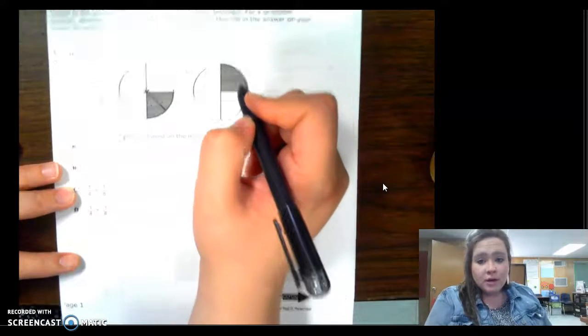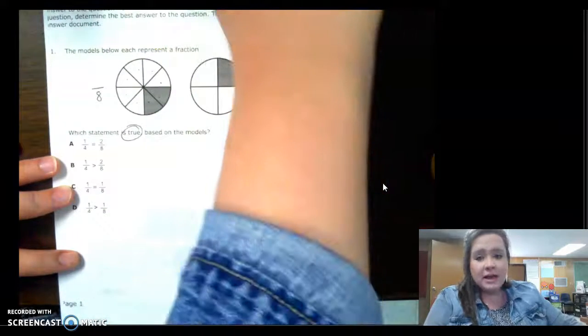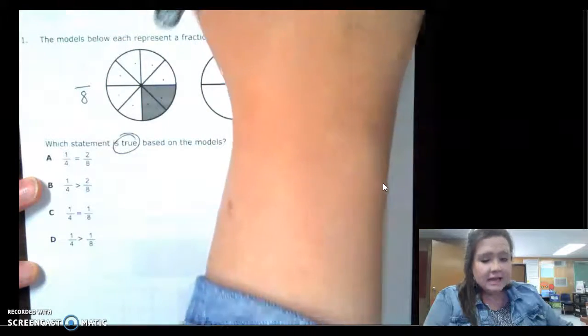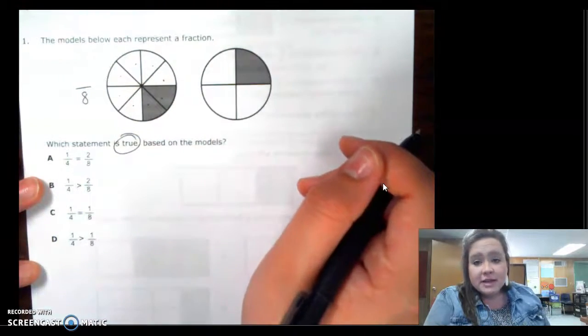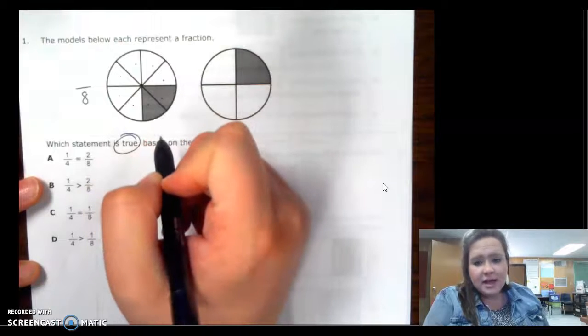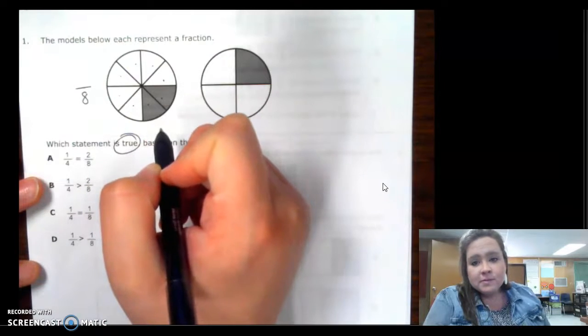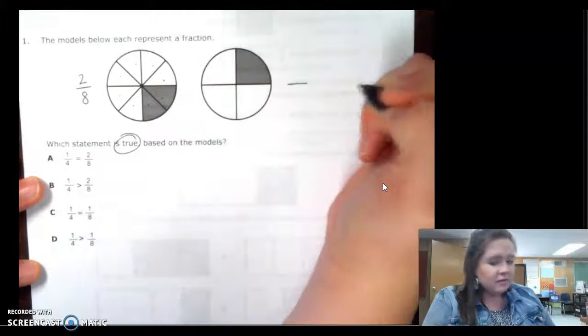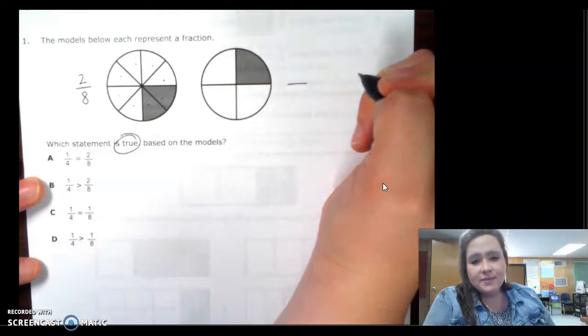And your numerator is the number of parts that are being counted or shaded. In this case, we're dealing with fraction pieces that are shaded. And how many shaded parts do we have? Good. We have 2 shaded parts. Okay, let's figure out this one. What is this fraction?